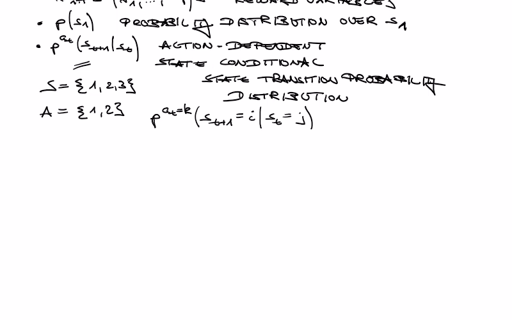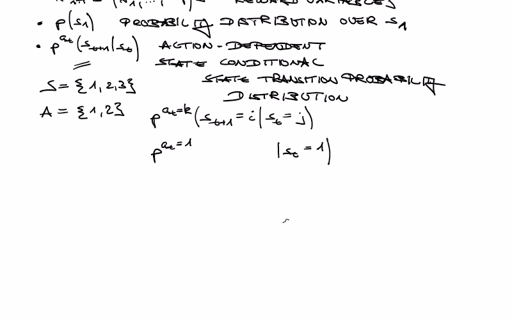In our case, we have 2 actions. So we can think about the action at time point t being 1, because that's a possible action. And at time t, the state can also be 1.